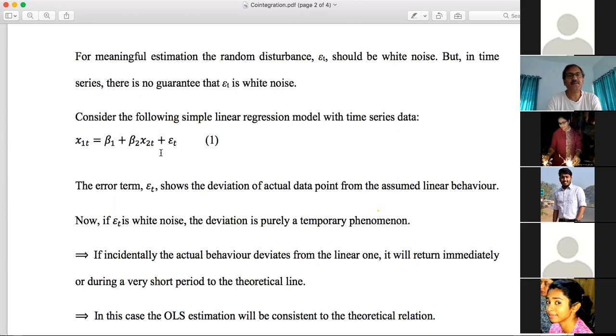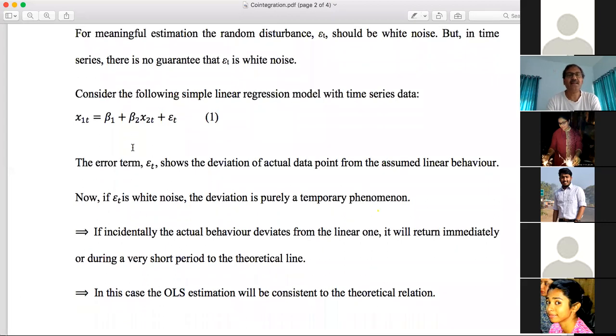Suppose conceptually there is no epsilon t, so you have a linear equation x1t equals beta1 plus beta2 x2t. This linear part comes directly from the theory. So without epsilon t, we have the theoretical part of the relationship.